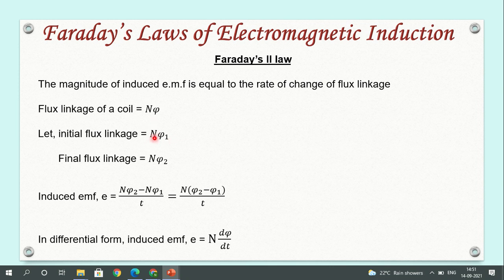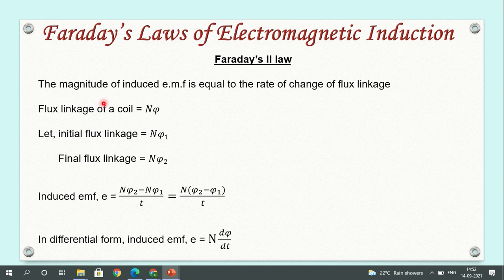The coil has n turns, the initial flux is phi1, and after a time t seconds the flux of the coil is phi2. So initial flux linkage is n into phi1 and final flux linkage is n into phi2. Flux changes from phi1 to phi2 in a time interval t.